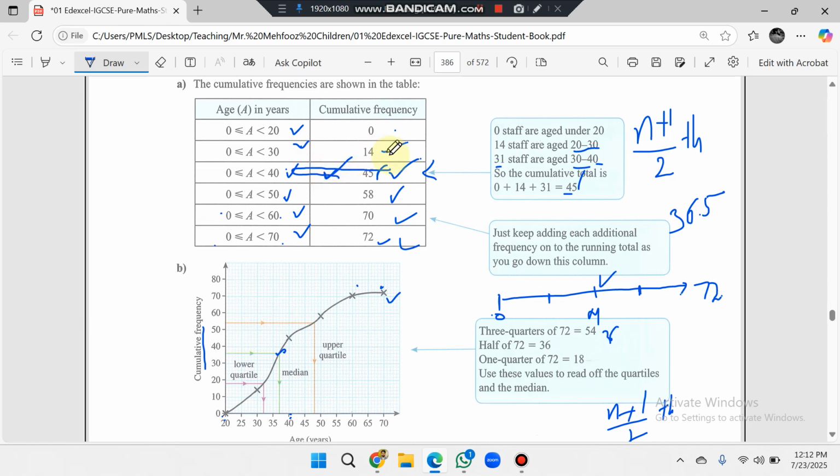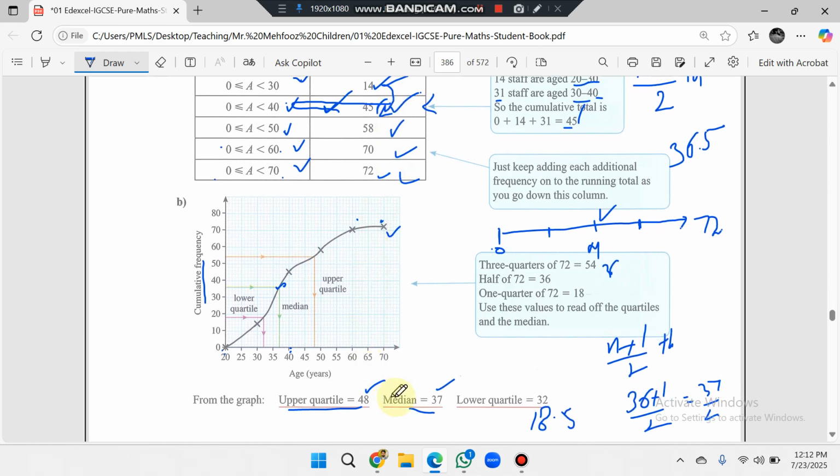The 18 point something value is given in that class. Why? Because its cumulative frequency is 14, that is less than 18.5, and the next one is 45, that is far away from this range.